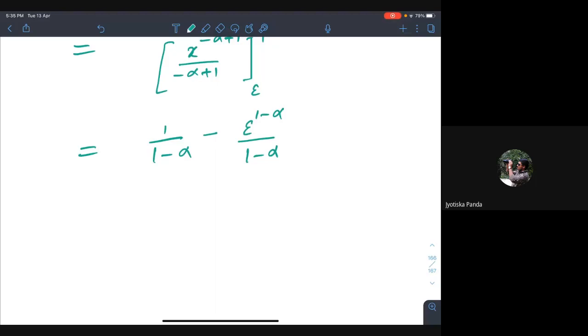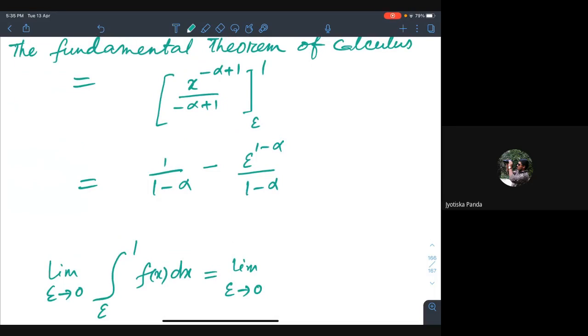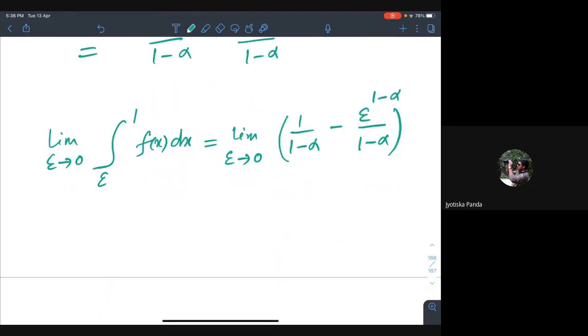Now we look at the limit as epsilon tends to 0 of the integration from epsilon to 1 of f(x) dx, which is equal to the limit of 1 by 1 minus alpha minus epsilon to the power 1 minus alpha by 1 minus alpha.